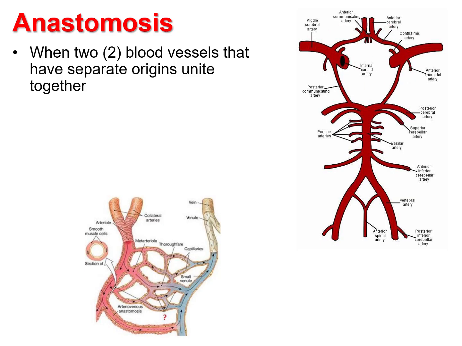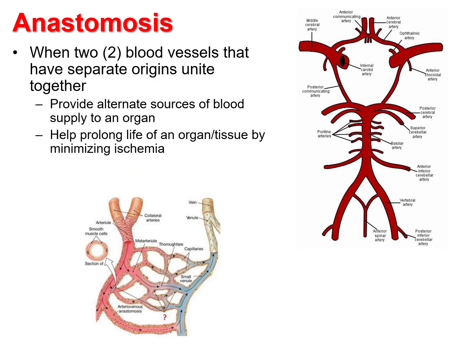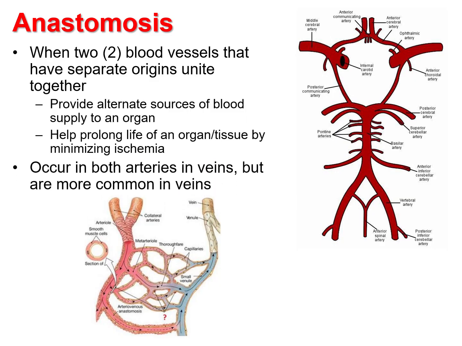Like, for instance, we have carotid arteries and other ones here, other structures. Most of the time we see these anastomoses in veins. All right. We do see some in the arteries. All right. Again, they provide alternate sources of blood, a little bit of redundancy, if you will. Minimizing the risk of ischemia to tissues that really cannot tolerate ischemia very well.